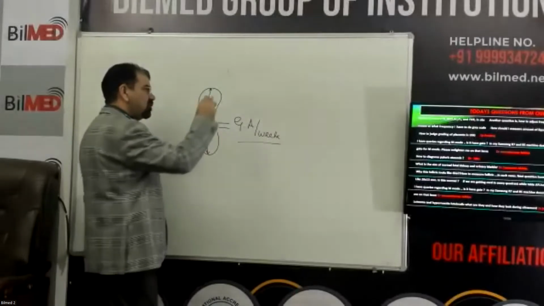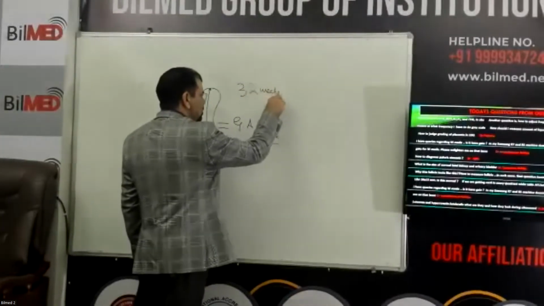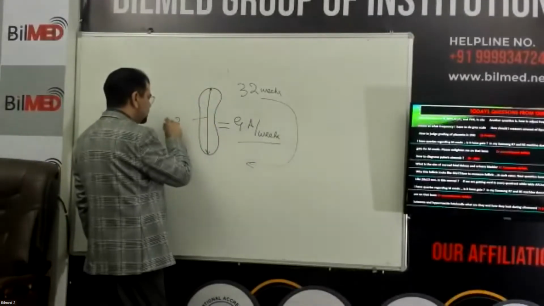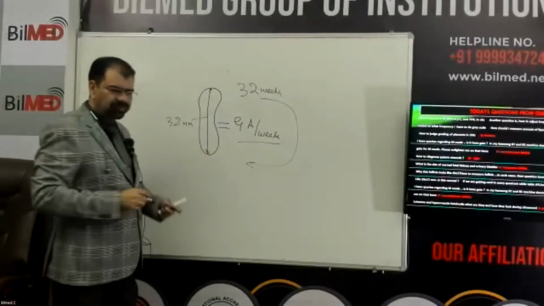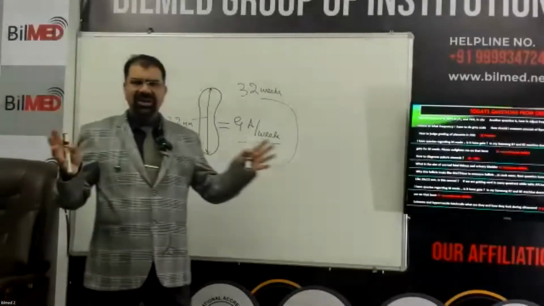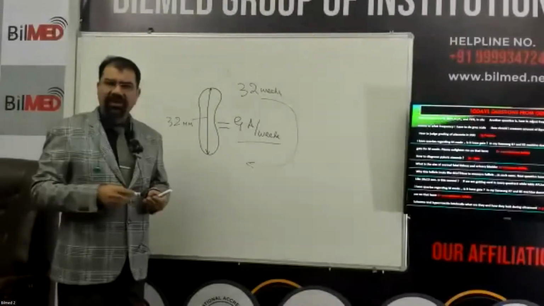It means that if you are scanning a 32 weeks fetus, you will expect 32 millimeters of kidney size. Now, if the kidney is enlarged in size, it may be maybe 50, maybe 60.